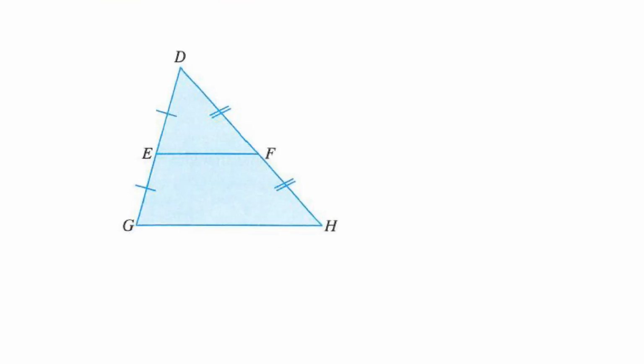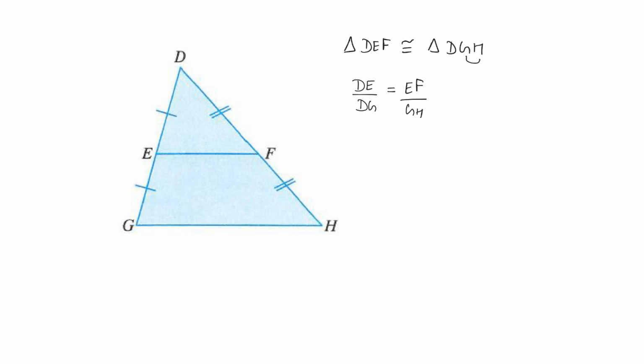Also, let us consider this example in which triangle DEF is similar to triangle DGH. If we know that the two triangles are similar, then we know that the ratio of DE over DG must be equal to the ratio of EF upon GH.